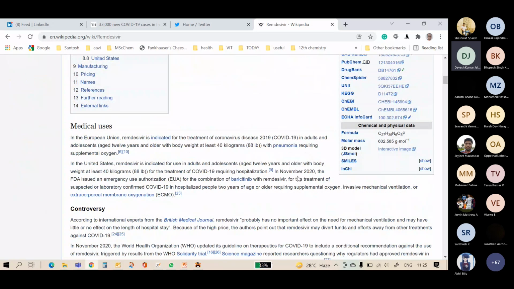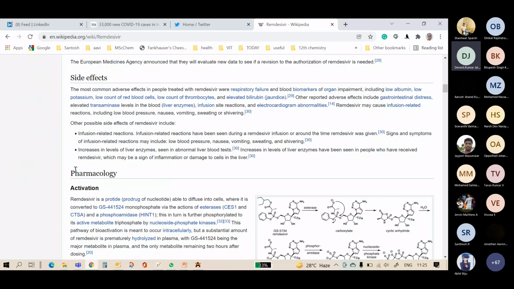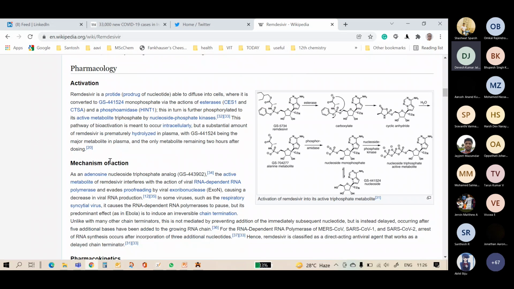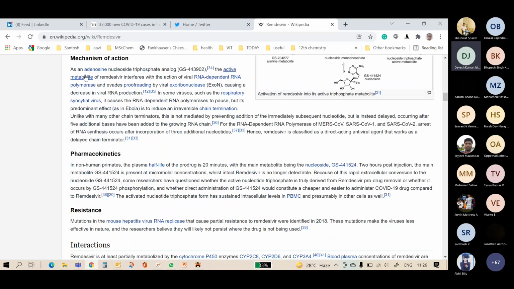Okay. So for drug action, usually you talk about activation. We may not understand much, but let's see. Mechanism of action. Look at this. As an adenosine nucleoside triphosphate analog, the active metabolite of remdesivir interferes with the action of viral RNA-dependent RNA polymerase and evades proofreading by viral exoribonuclease, causing a decrease in viral RNA production.